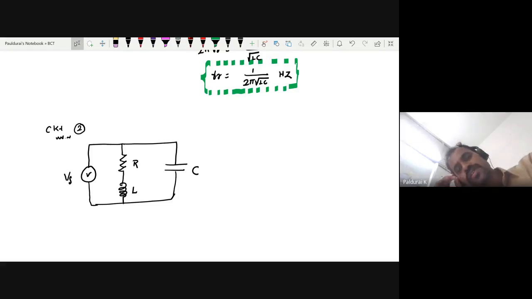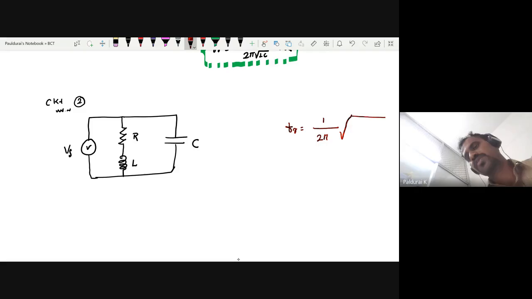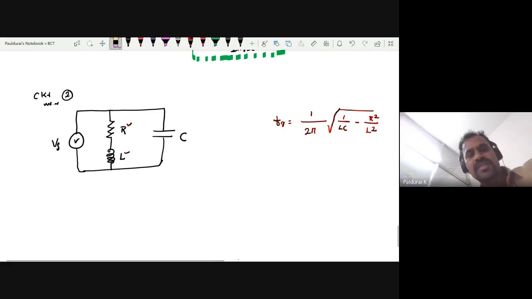Can you derive it by yourself? Again, the same flow. If you derive, we will end up with the resonant frequency fr, the same formula: 1 divided by 2 pi square root of 1 by LC minus R squared by L squared. So it is very easy to remember the formula. I repeat.